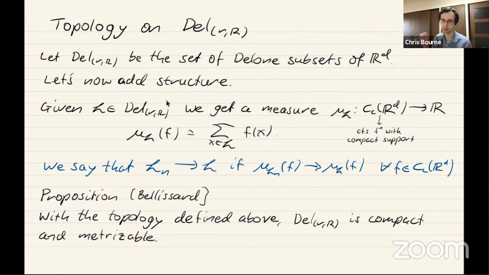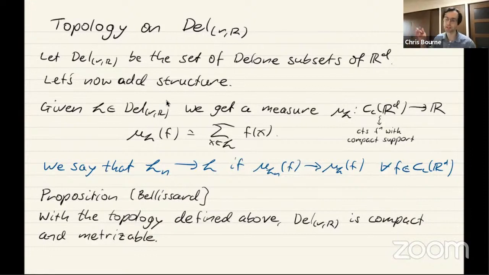So in particular, if I have a continuous function that's compactly supported, or just has closed bounded support, then I get this functional. For every function, I get a real number just by evaluating the function on the points of the lattice and then summing it up. Because this function has bounded support, this will always converge.